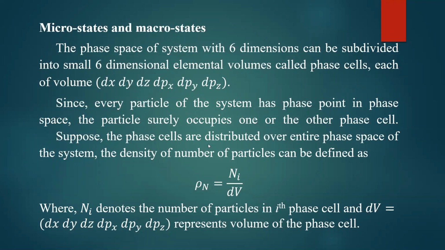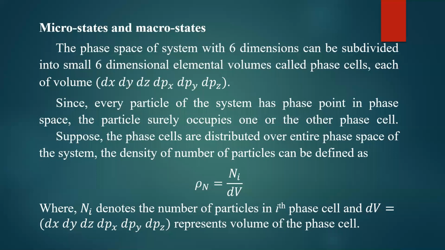Suppose the phase cells are distributed over the entire phase space of the system. The density of number of particles can be defined as rho n equal to ni divided by dv. What is ni? ni denotes the number of particles in the ith phase cell, some particular phase cell, and dv represents the volume of that phase cell.